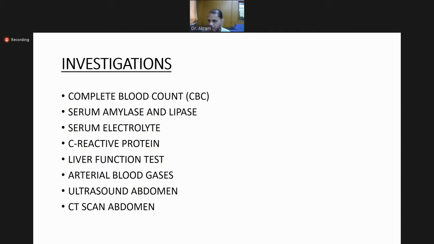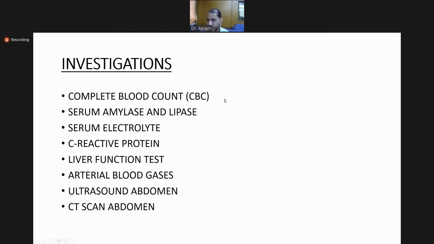Serum amylase is initially detected within 48 hours. If the patient presents after 48 hours, then lipase becomes more diagnostic. If the lipase is raised more than 4-fold, even if the patient has a mild condition, you should admit the patient because this is acute pancreatitis.